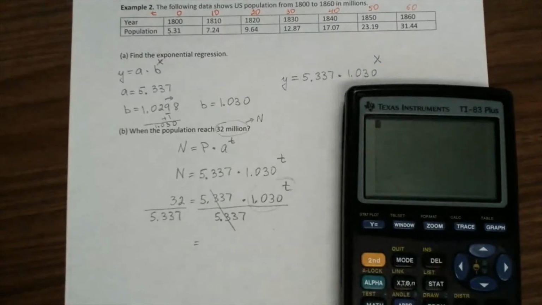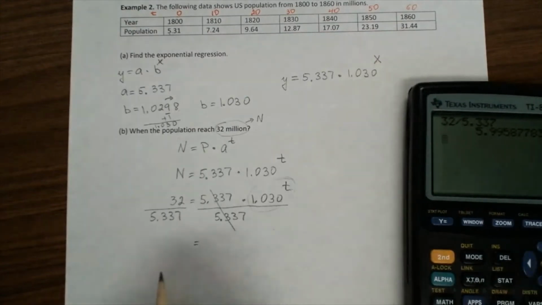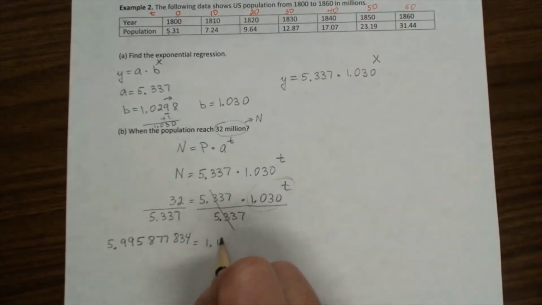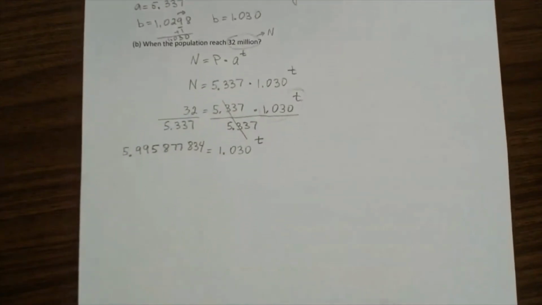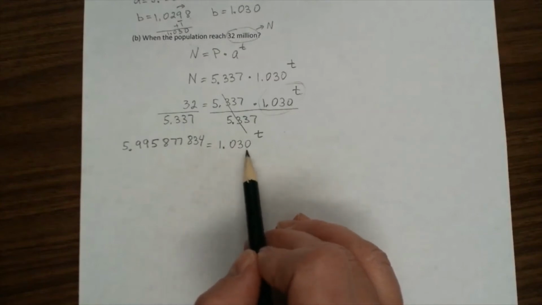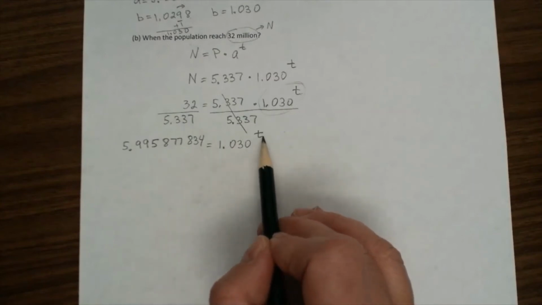Okay, let's calculate. 32 divided by 5.337. We got 5.995877834 is equal to 1.030 to the power t. Now we have the base to the exponent on one side.